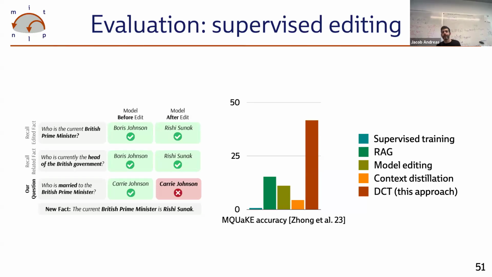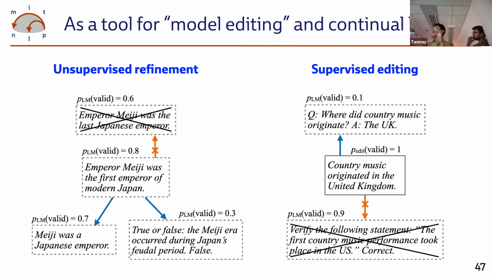I see. So my understanding is that for the unsupervised case, the model may actually result in a set of counterfactual statements, right? But in the supervised pattern, you are guaranteed to result in a set of factual statements.